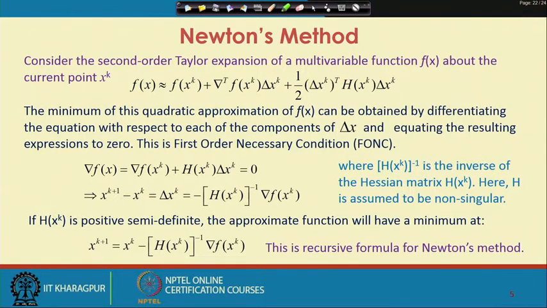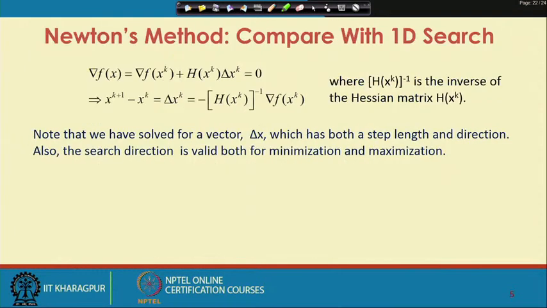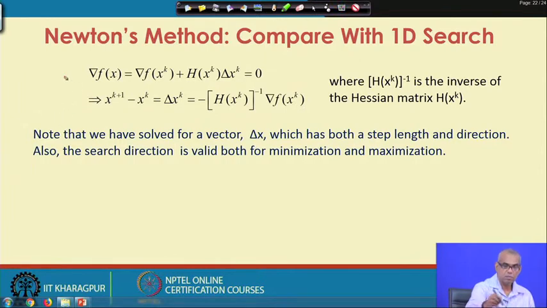So, this is the recursive formula for Newton's method. This is what we just saw, the update rule in the case of Newton's method.